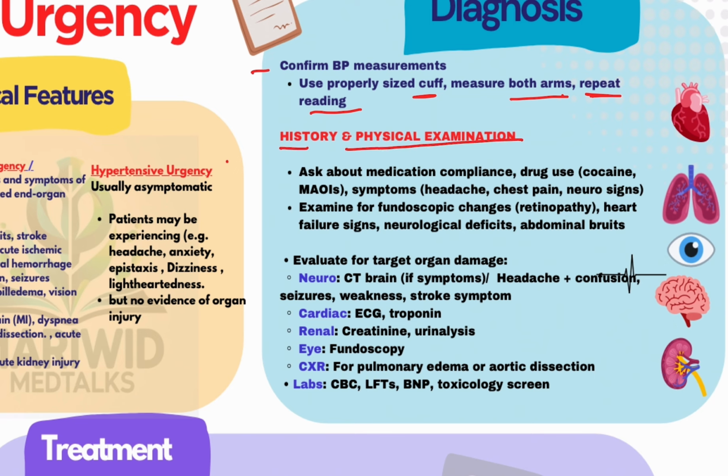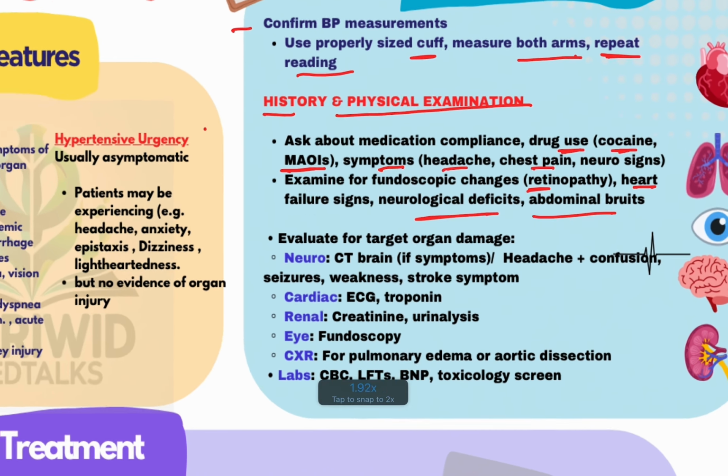So ask about medication compliance, drug use such as cocaine or monoamine oxidase inhibitor drugs, and symptoms of headache, chest pain, and neurological symptoms. Also examine for fundoscopic changes indicating retinopathy, any sign of heart failure, any signs of neurological deficit, or abdominal fluid.